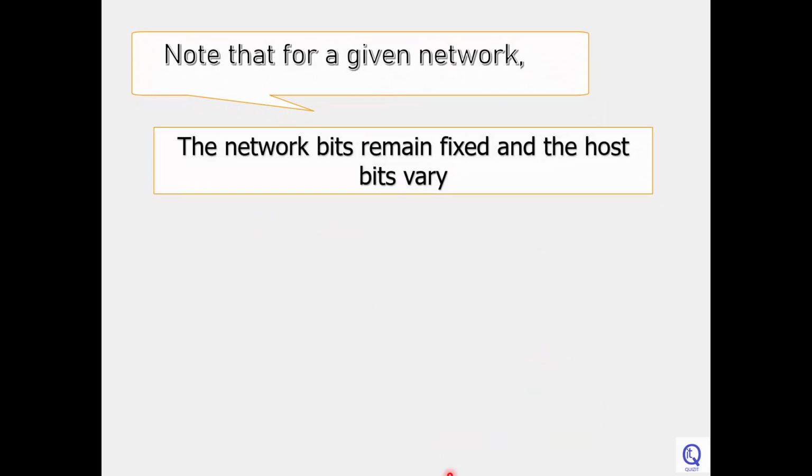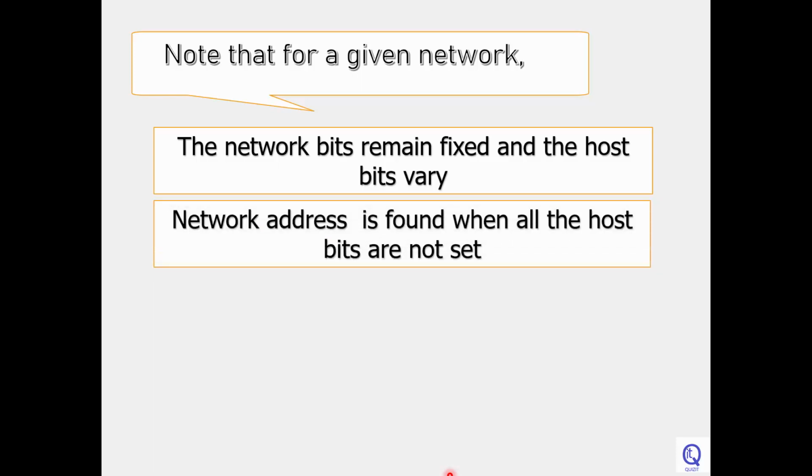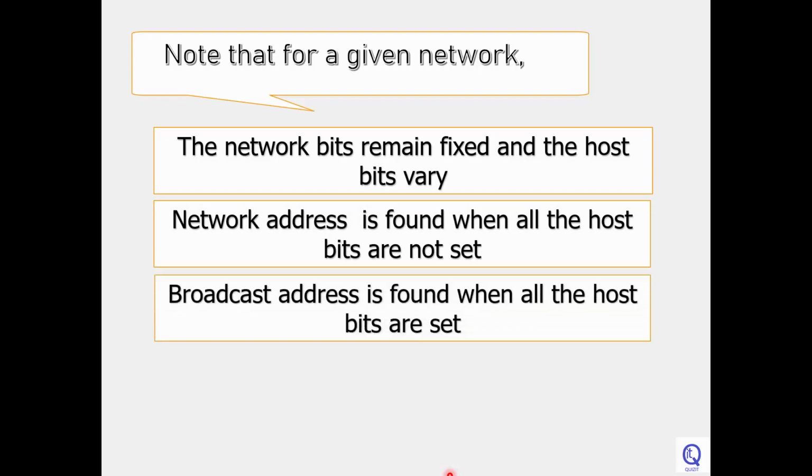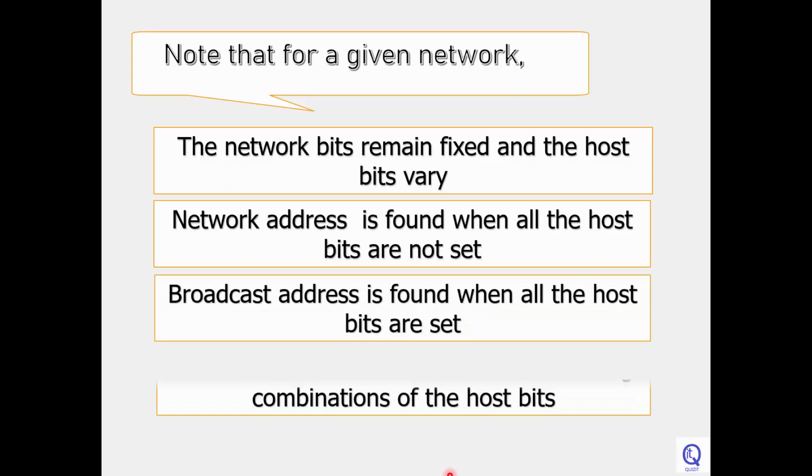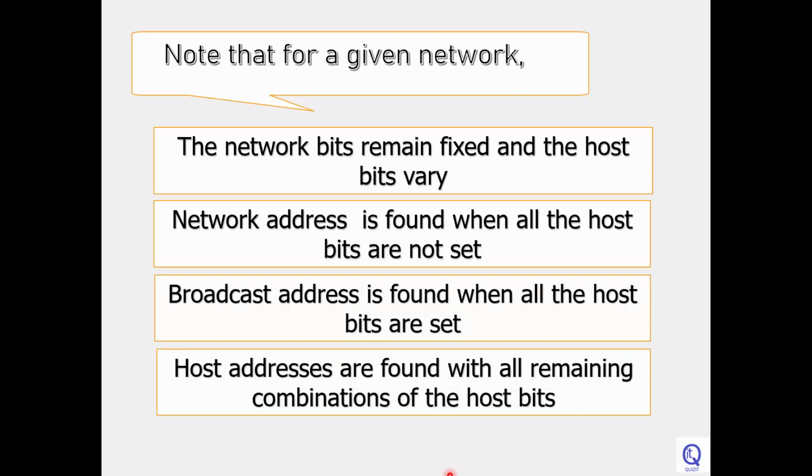Therefore, for a given network, the network bits remain fixed and the host bits vary. The network address is found when all the host bits are not set, and the broadcast address is found when all the host bits are set. And in between, we can have all other remaining hosts.